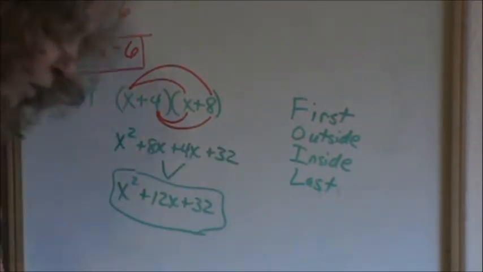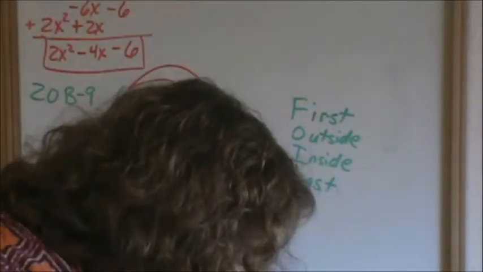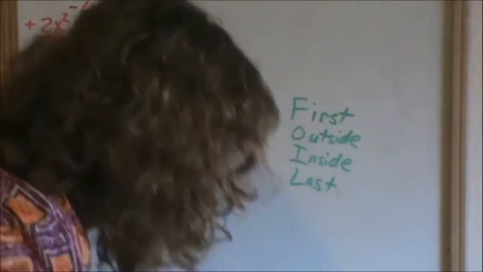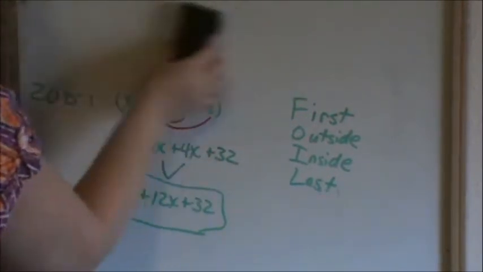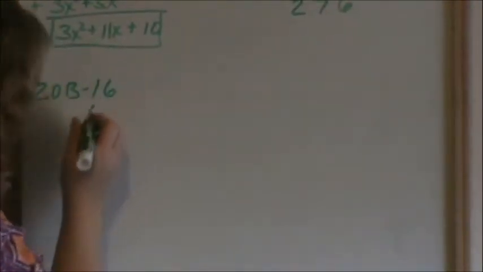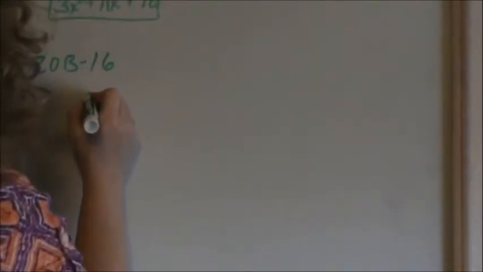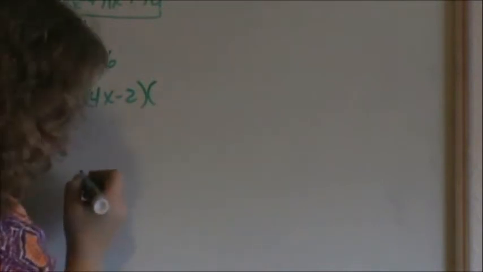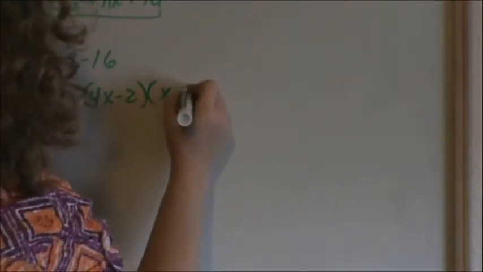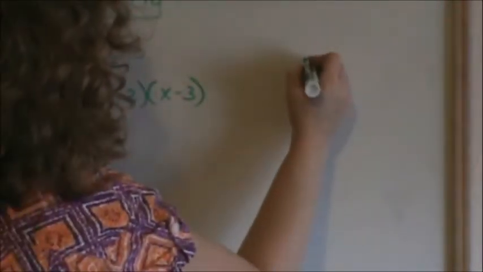Okay, let's do another FOIL. I'm going to do 20b 16, but instead of multiplying this out vertically, I'm going to multiply it out horizontally because I want you to practice the FOIL, okay?